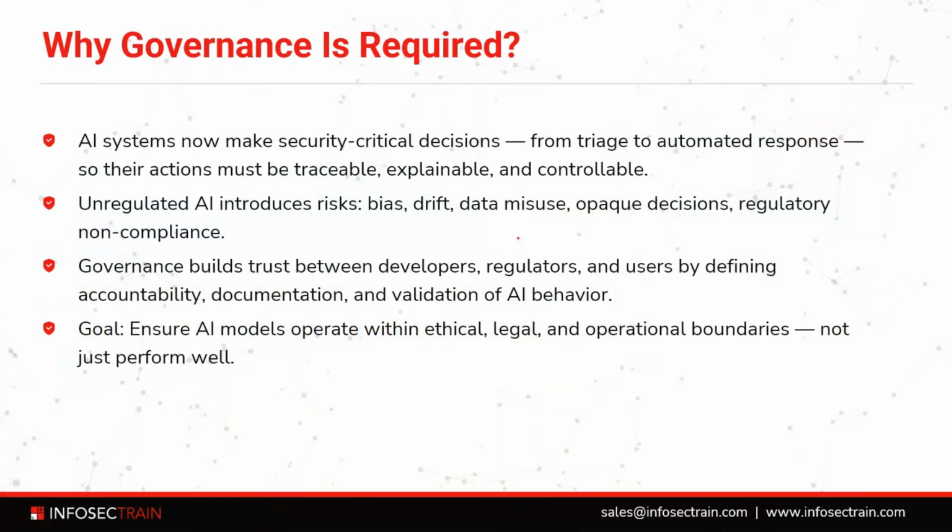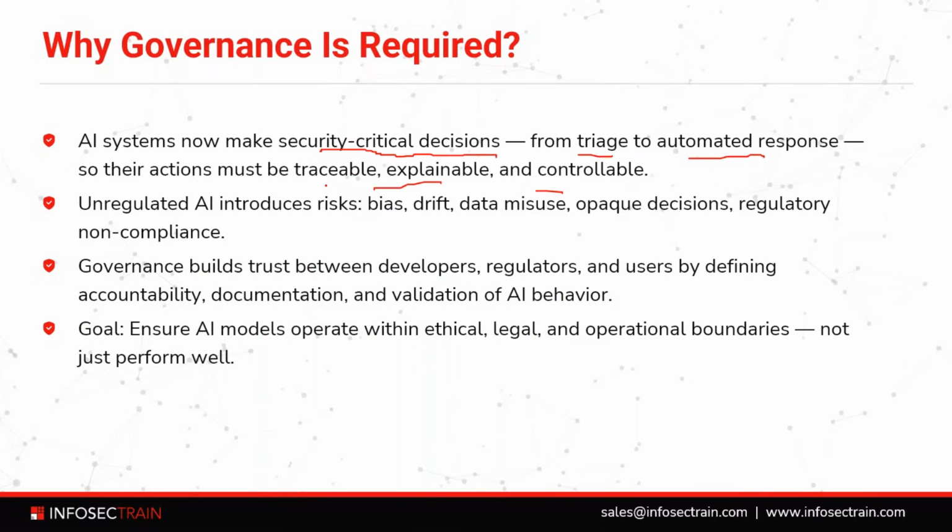Okay, so see, AI systems are now making security critical decisions for you. We just saw from triaging to automated response how we did it by integrating the same with AI tools. So why they're getting this output, the actions, should be explainable, it should be controllable.